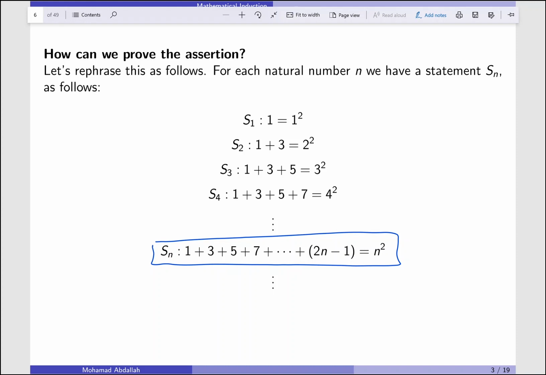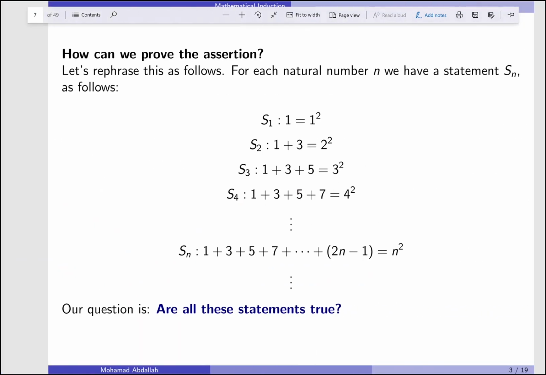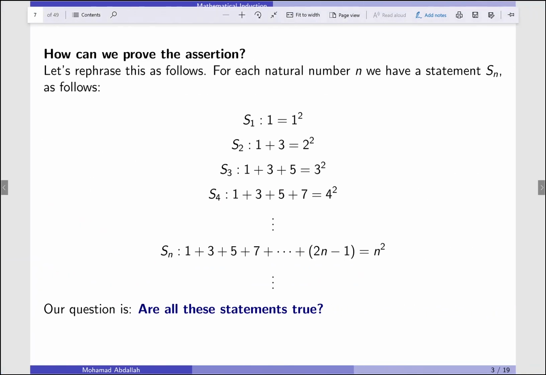That's what I want to show. Now, why do I want to show this? Because by looking at the examples, I saw that there's some sort of a pattern, and now I would like to show that this is true. So the main question is, are all these statements true? Well, these ones were true. We were able to check, but this one, I don't know yet, because here I'm talking in general. Is this going to be true if n is equal to 1000 or 1 million, for example?